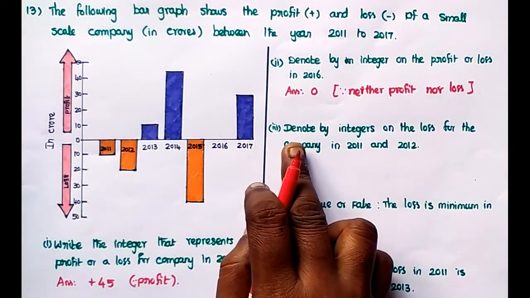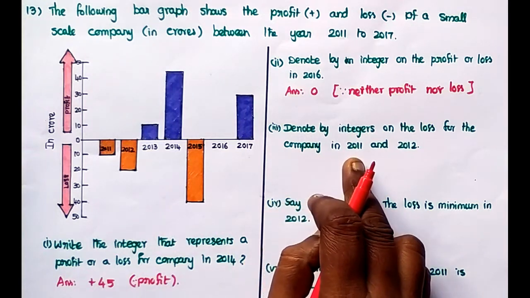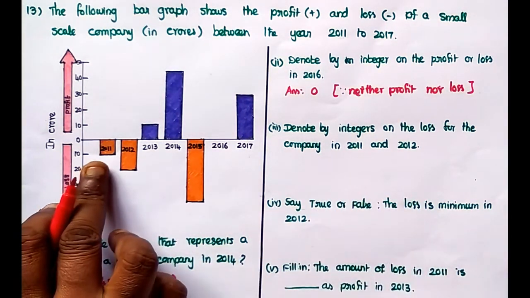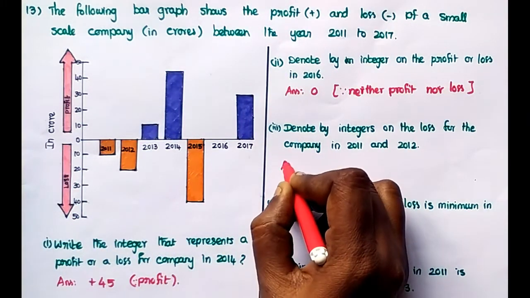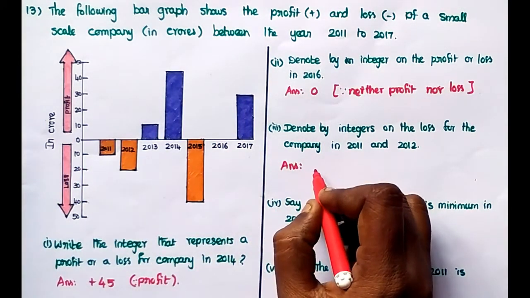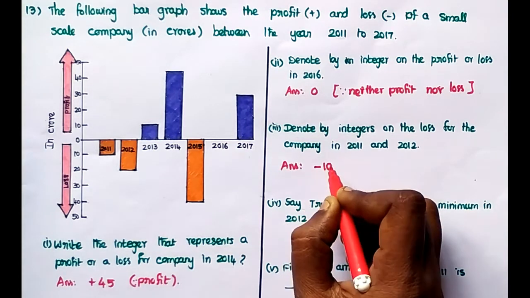Next one, denote by an integer the loss for the company in 2011 and 2012. In 2011 there is loss only. How much? 10 crores. So minus 10.